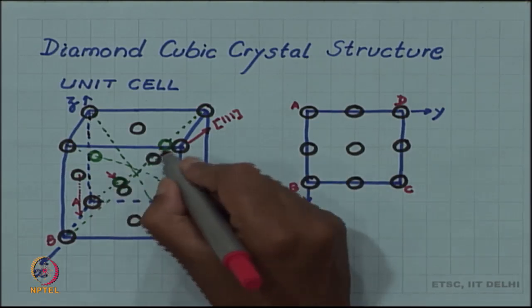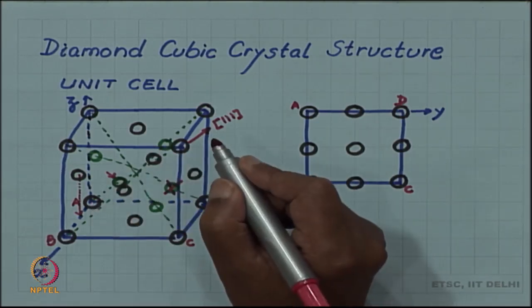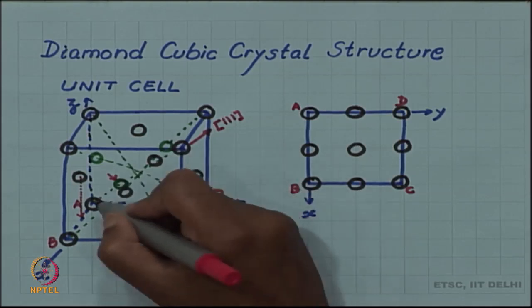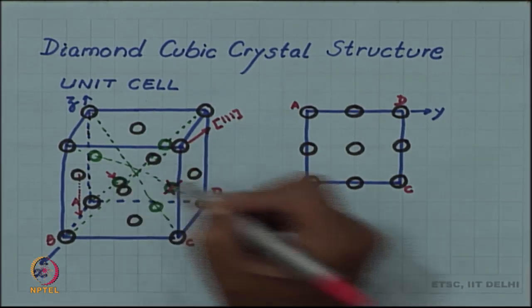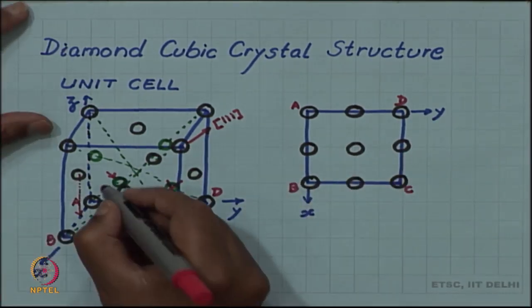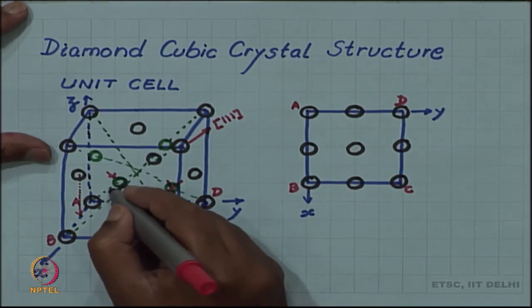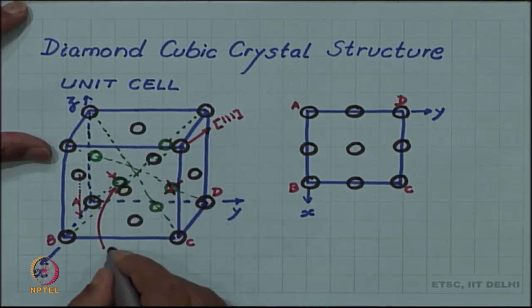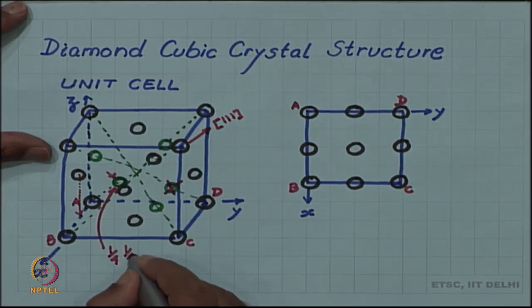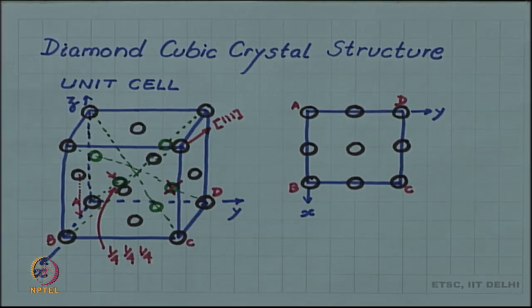So, along this all the three coordinates are equal, and since it is 1/4 of the entire body diagonal, the coordinate of this particular atom is 1/4 along x, 1/4 along y, and 1/4 along z.